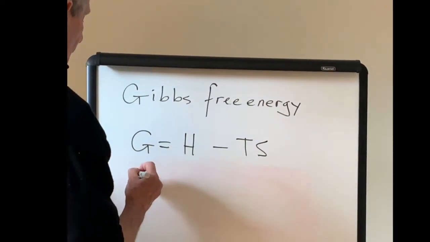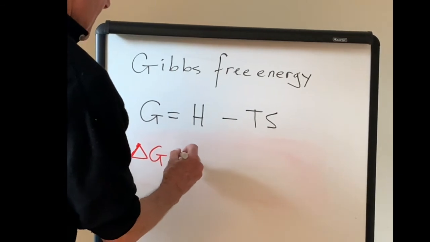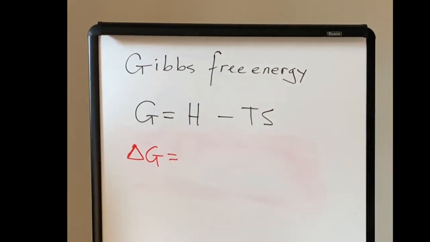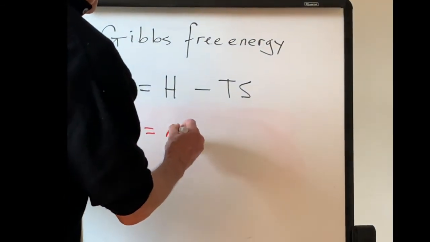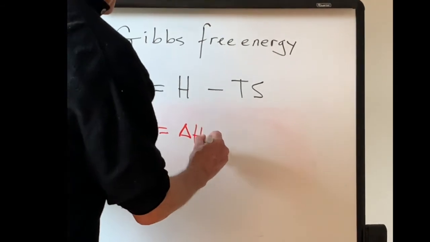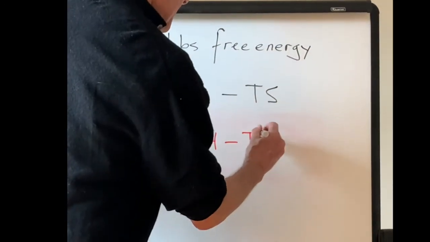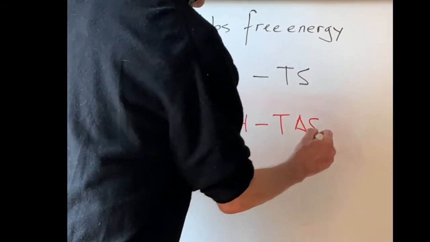So we can then consider a chemical reaction by its change in Gibbs free energy, as we call it. And we say that the change in the value of G is equal to the change in enthalpy minus T. We're imagining that T is constant, so we just say T delta S.